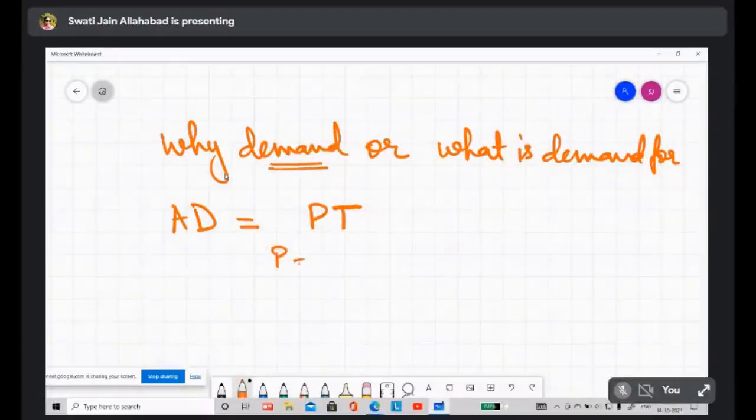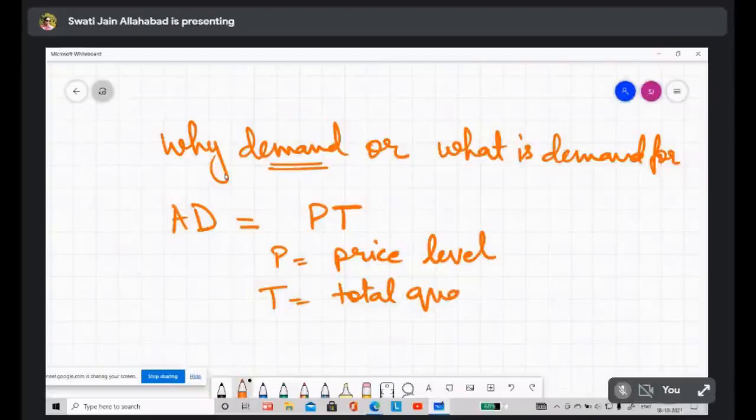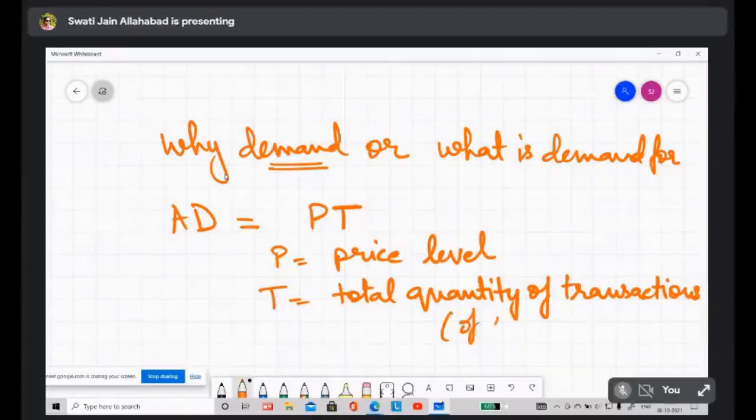P is price level and T is total quantity of transactions. Now what are transactions? Transactions of goods and services. So if you multiply the quantity of output by prices, that will give you the aggregate demand.